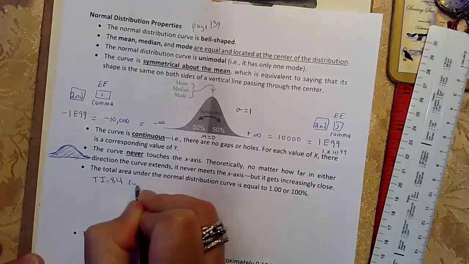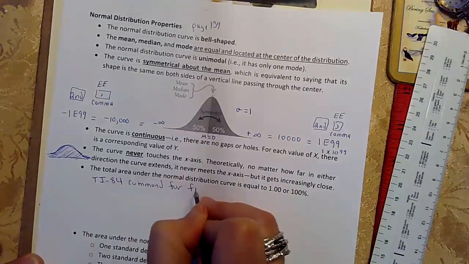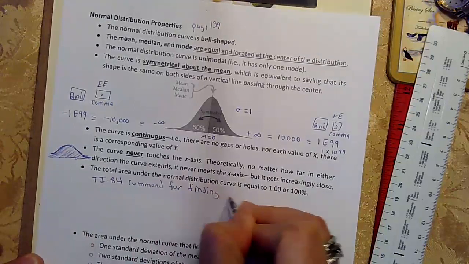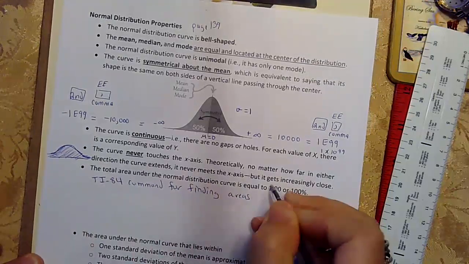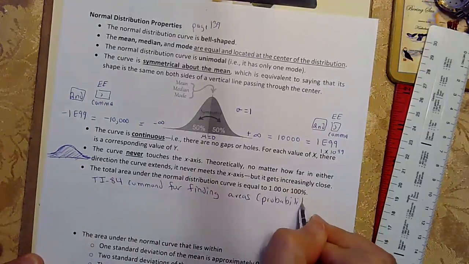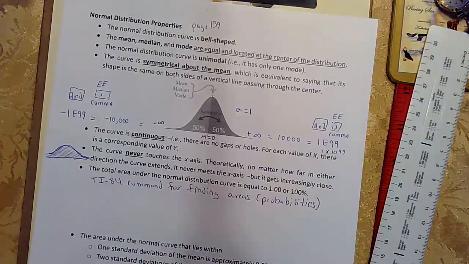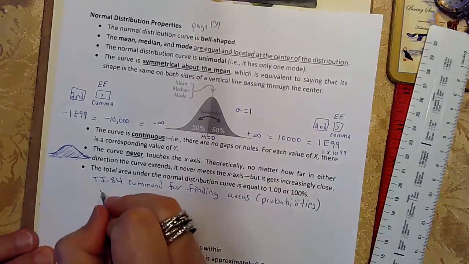A TI-84 command for finding areas, which are also known as probabilities. So they say find the probability, capital P. They're also talking about areas under curves.